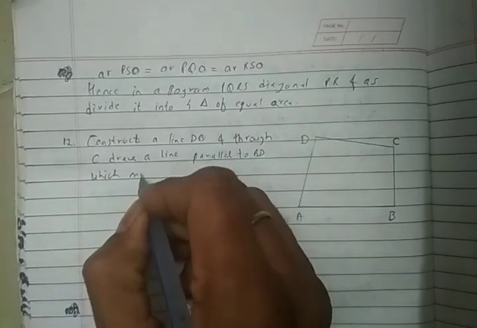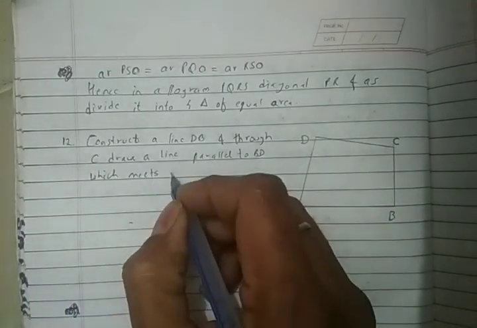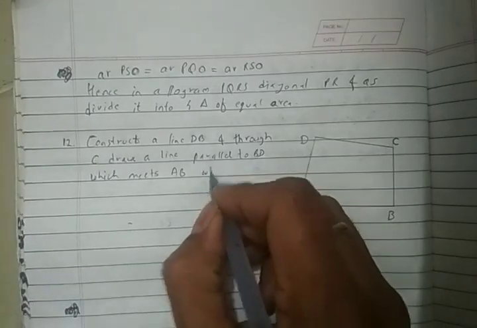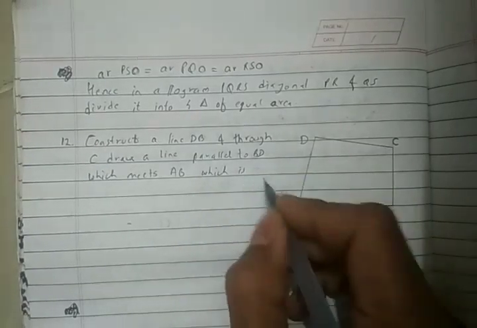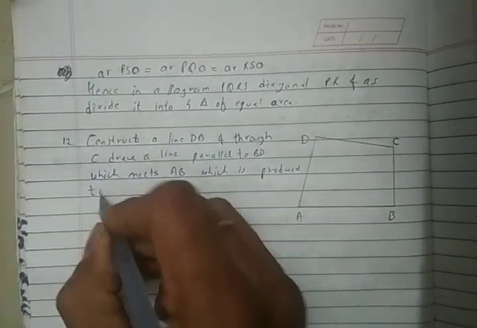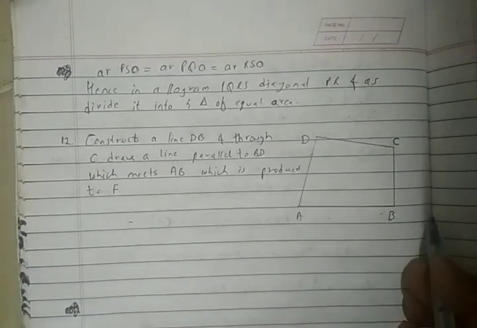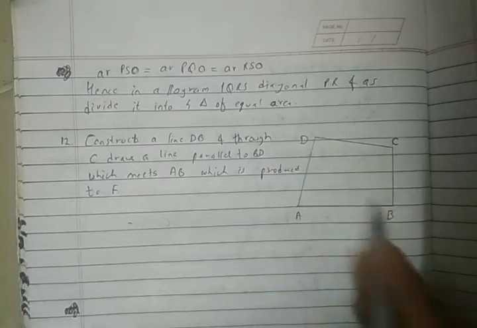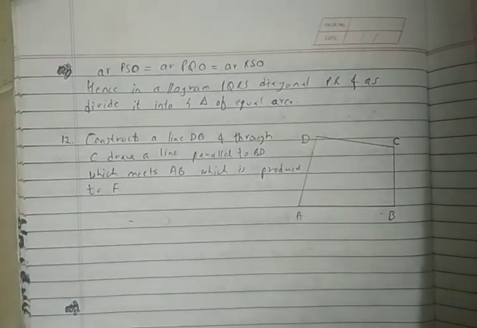This line meets AB, which is produced to F. This line AD is produced to F, and we have to draw a line parallel to DB. Okay, so we will draw it.